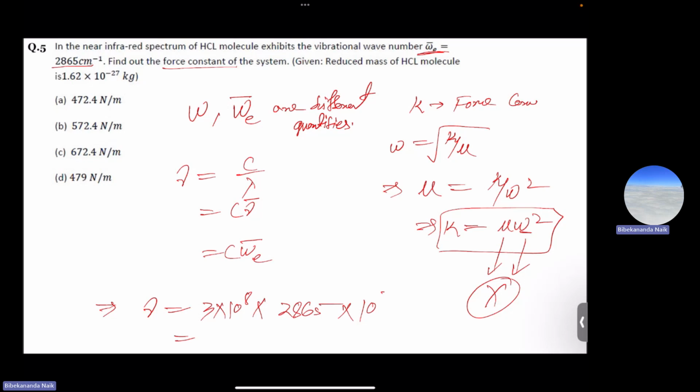This gives 8.6 into 10 to the power 13 second inverse.